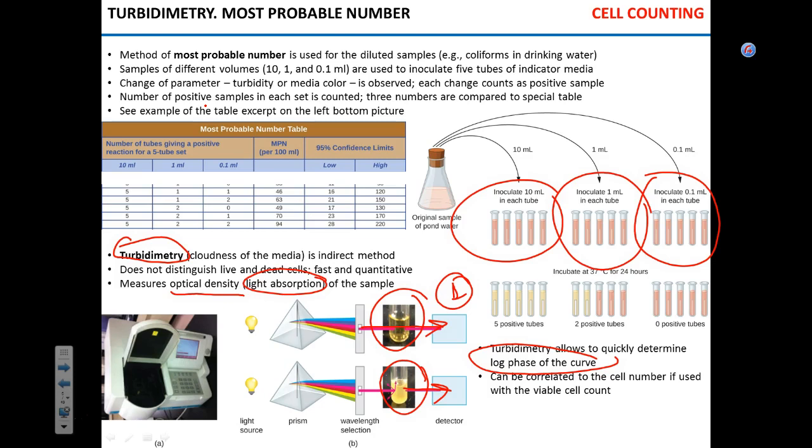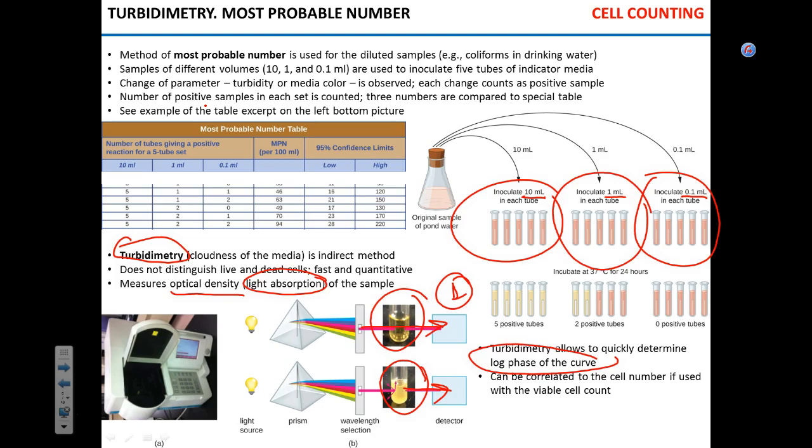Now, you inoculate one set with 10 milliliters of your water sample, another set with 1 milliliter of your water sample, and the third set with 0.1 milliliter of your water sample. Which inoculum, which water sample is more likely to have bacteria? 10 mil, 1 mil, or 0.1? 10 mil. Do we understand?